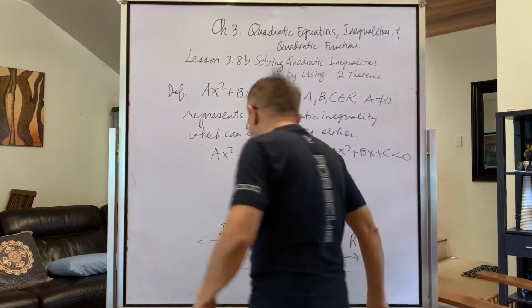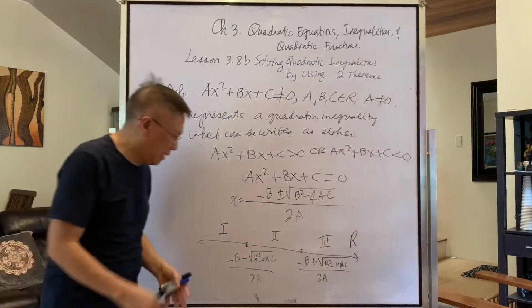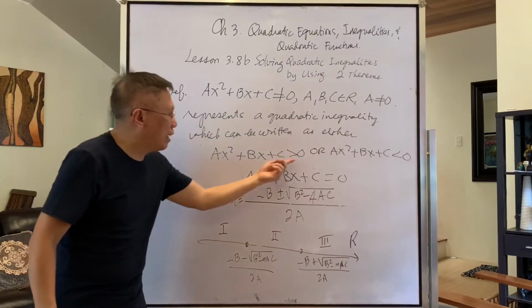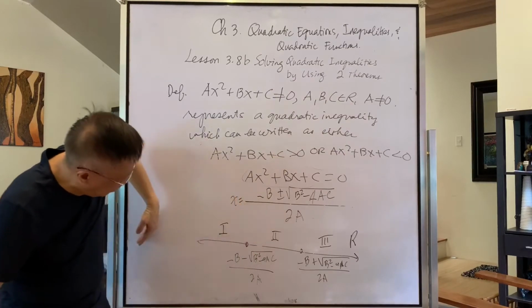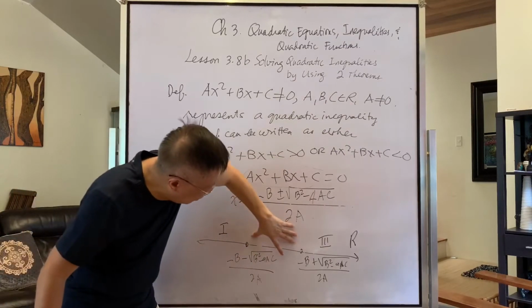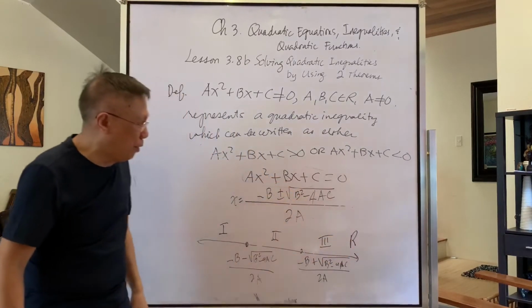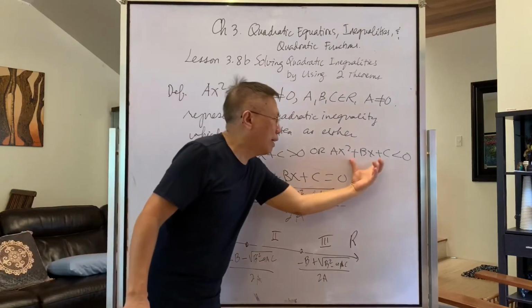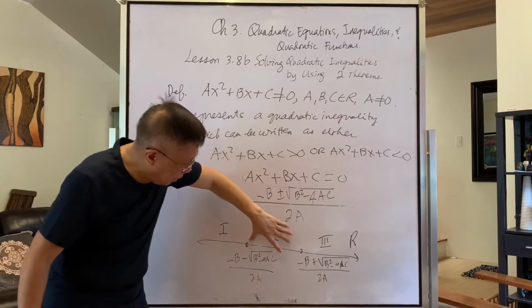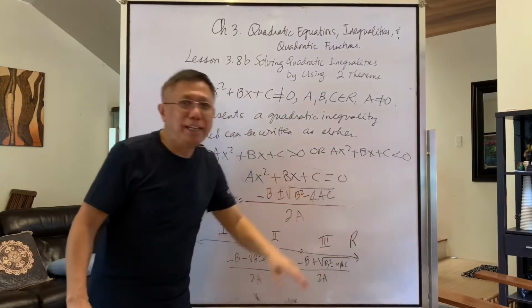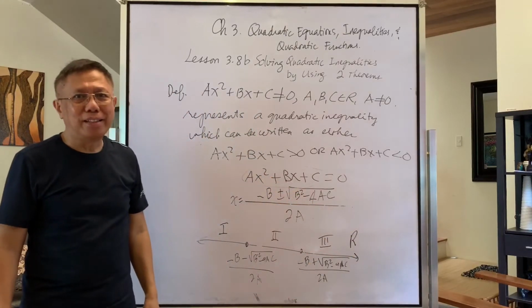Which means I expect that the solution to this inequality can either be in this region here, or this region, or that region. Also, the solution to that inequality can either also be here, or in that region. Okay?